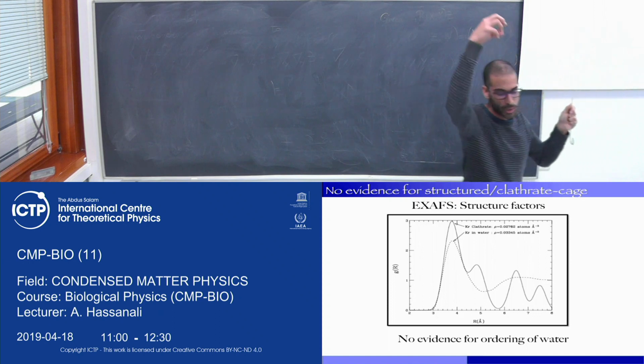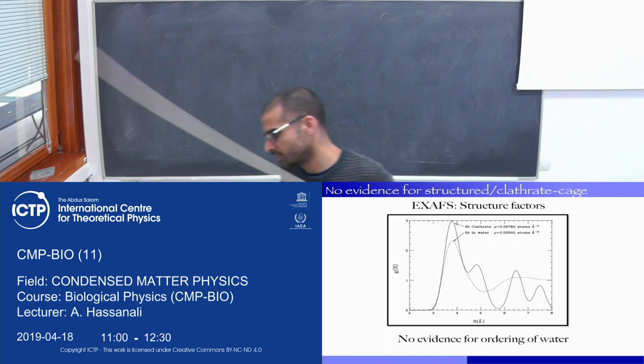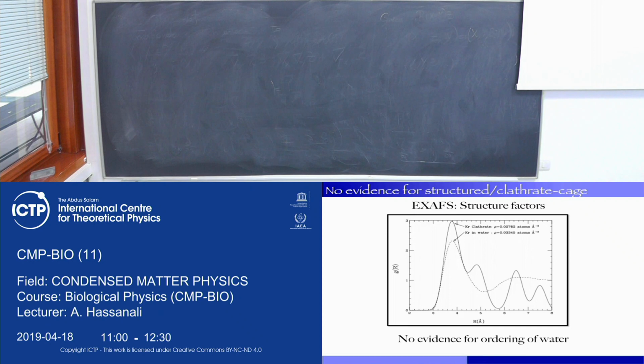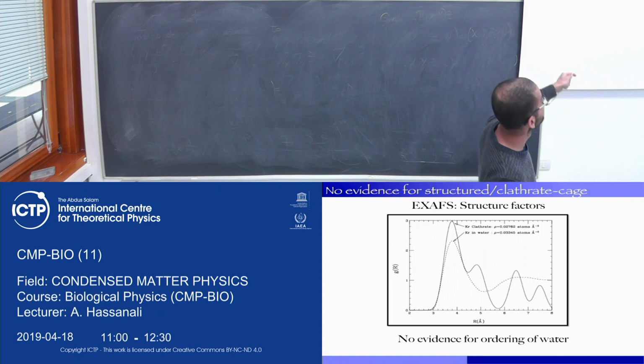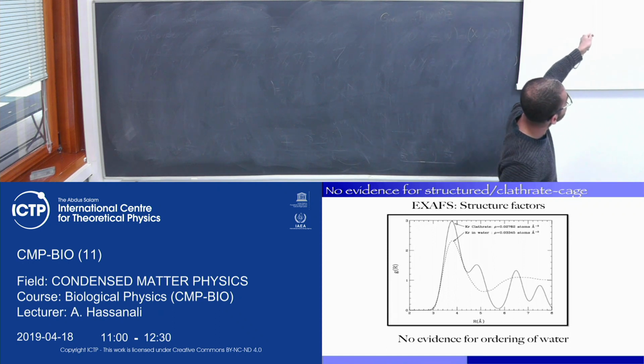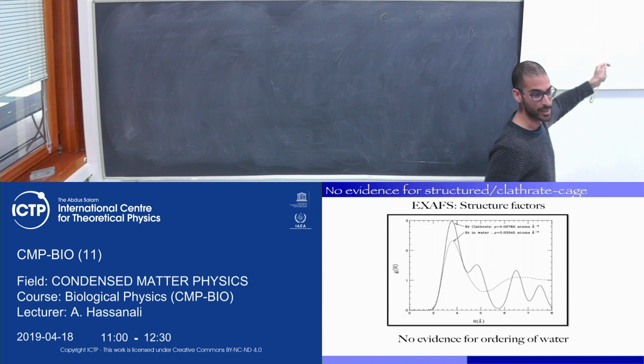When you go deep into the ocean, under high pressure, you form something known as methane clathrates. These are methane molecules surrounded by a cage of water molecules. These are experiments that look at the structure factor or the pair correlation function of krypton in water and krypton in a clathrate.